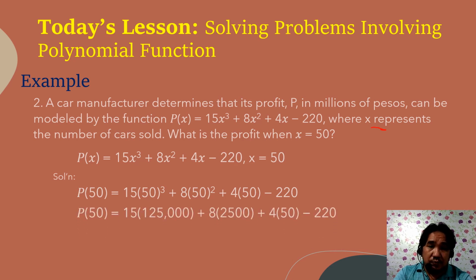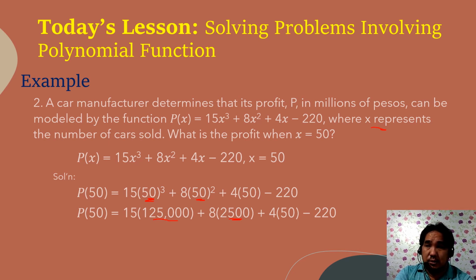For 50 cubed, if we multiply 50 three times, the result will be 125,000. And for 50 squared, that is 2,500. Then copy the remaining part of the equation.